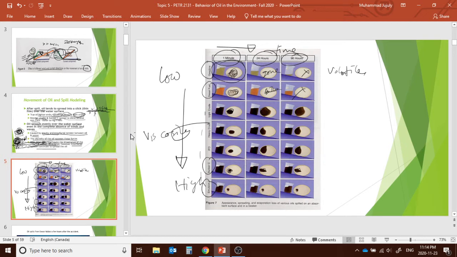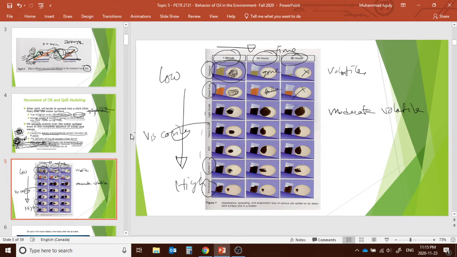Now light crude oil is moderately volatile, because the viscosity is moderate. You can see after 1 minute it spread a little bit, but after 24 hours you can see the amount it spread, it's still in there, and after 96 hours you can see that it thinned down a little bit, but the spreading didn't change much.